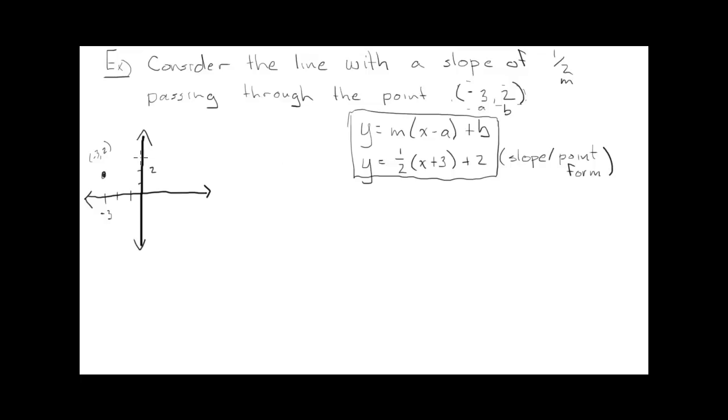So a rise of 1 means you go up 1 unit, and then so up 1 unit over 2 units. Up 1 unit over 2 units. Okay, so it's this line right there. Very rough sketch of this line here.